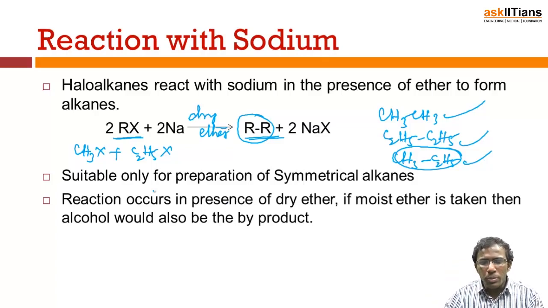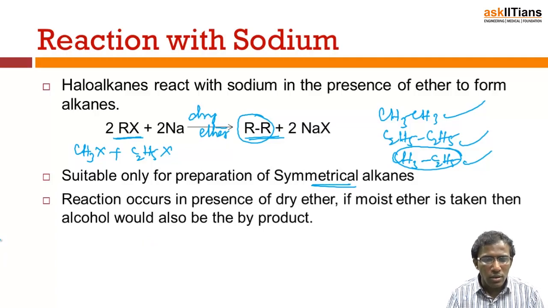So if I want to prepare this unsymmetrical one, this method is not suitable, because you will get the symmetrical ones also along with this unsymmetrical one. So it will be difficult for you to isolate. If I want only this cross product in the major amount, then I should go for another type of reaction, not this one. So this is only suitable for preparation of symmetrical alkanes, that is one thing.